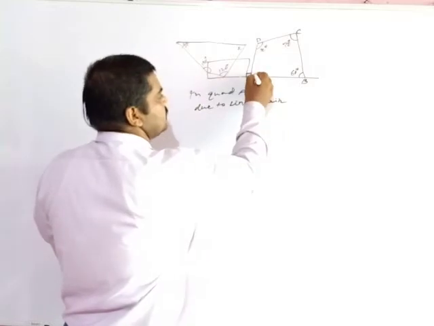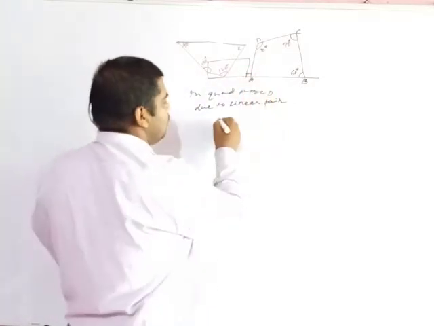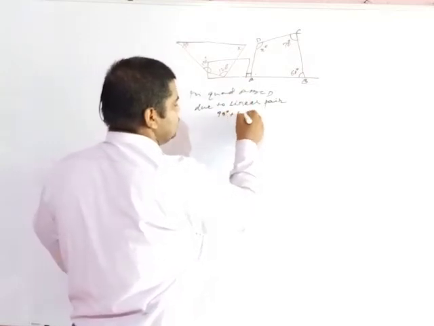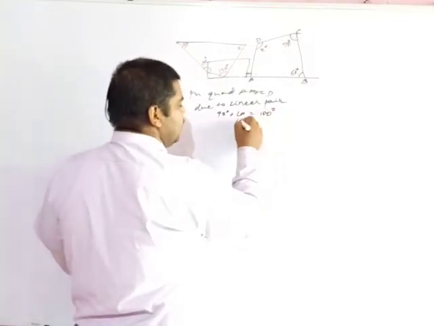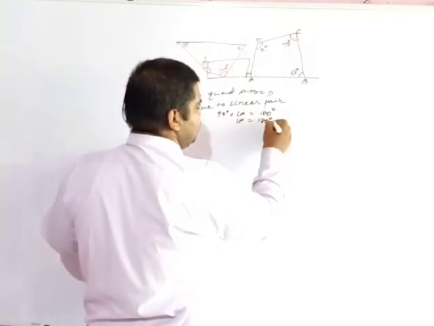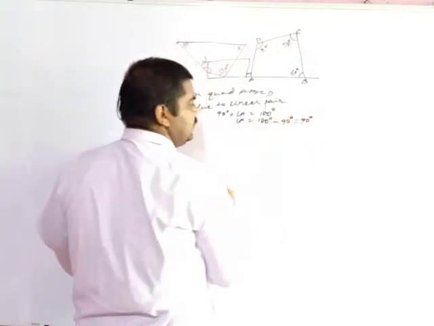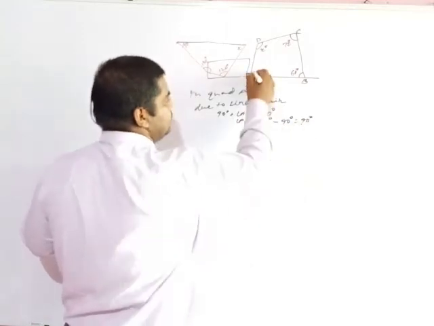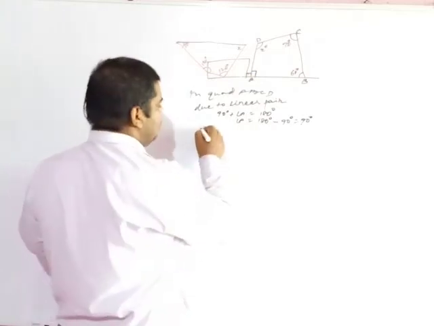You know that the sum of these 2 angles is equal to 180 degree, and this is why 90 degree plus angle A is equal to 180 degree. Angle A is equal to 180 minus 90 degree, which is 90 degree. And from this, it has been proved that this is also 90 degree.